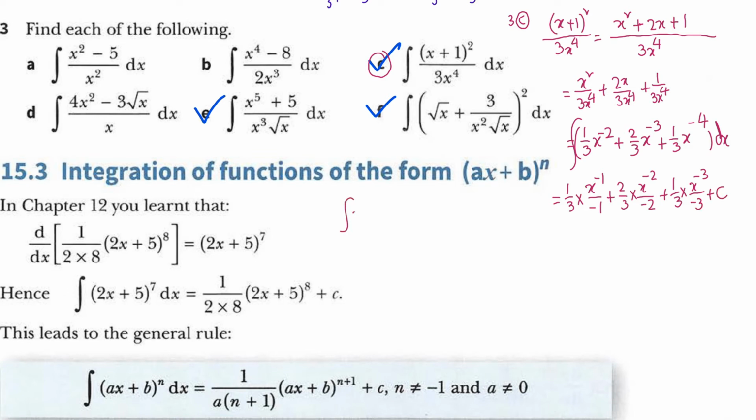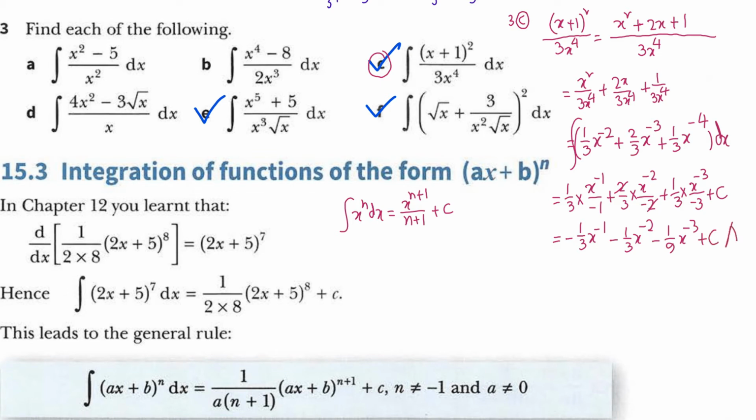We are doing the integration. We know the basic rule, which is x to the power n dx, then we need to apply x to the power n plus 1 divided by n plus 1. I did the same thing here. To the power, we add 1, then divide by this power. So we can simplify it by writing like this, which is minus 1 by 3 x to the power minus 1. In the next one we can cut out 2 and 2, then minus 1 by 3 x to the power minus 2, and the last one which is minus 1 by 9 x to the power minus 3 plus c.